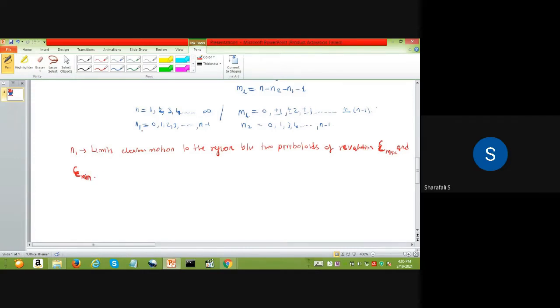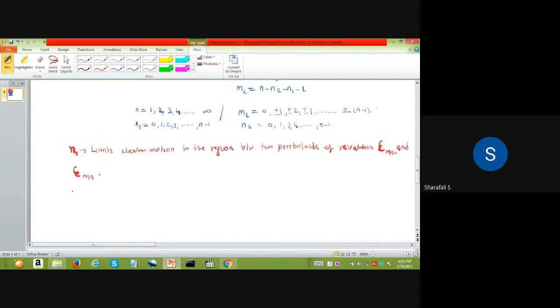So the electron will be confined between epsilon minimum and epsilon maximum. The first paraboloids form the region between epsilon max and epsilon minimum, and the quantum number corresponding to those two paraboloids is n1. So n1 will limit electron motion within that area.